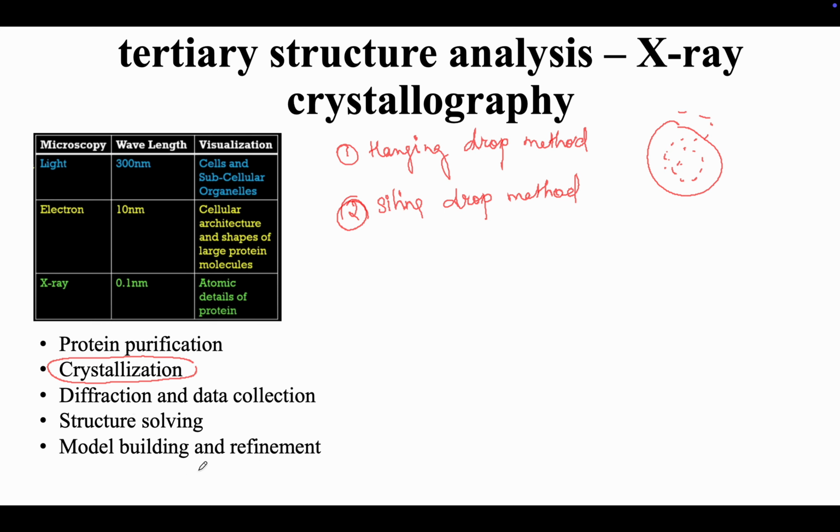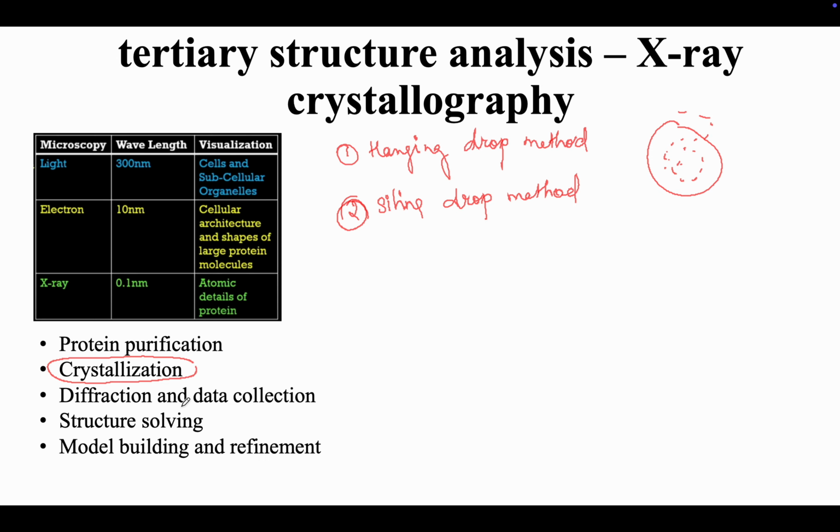Now the next important step is structure solving. Based upon whatever data or diffraction pattern we have got, we need to solve the structure of the protein. We have different methods and different software which we can use to solve the structures, or people also do it manually.